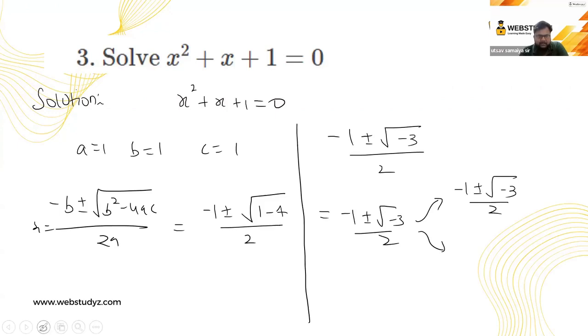I'll take the plus sign and the minus sign. So roots will be minus 1 plus under root 3 iota by 2 and minus 1 minus under root 3 iota by 2.